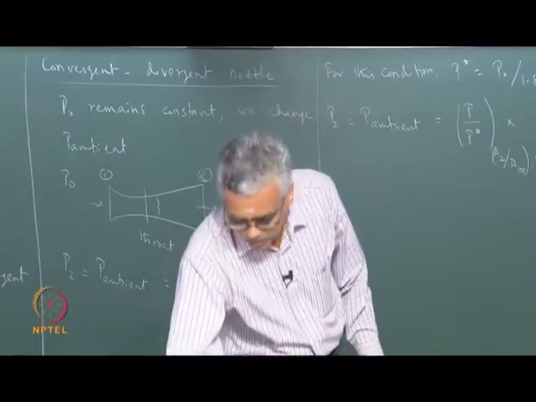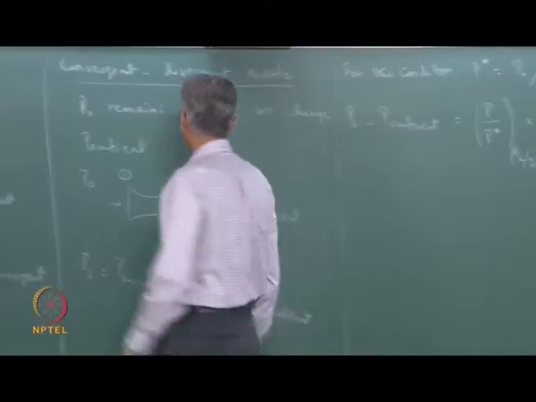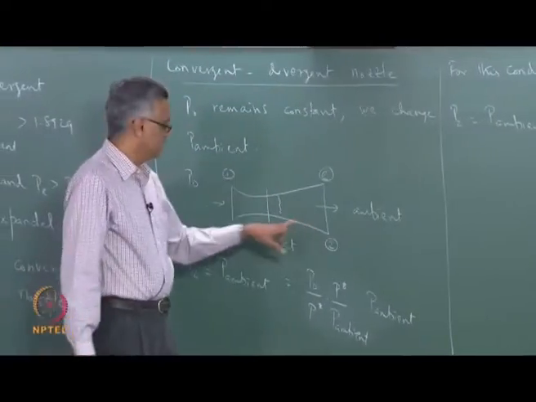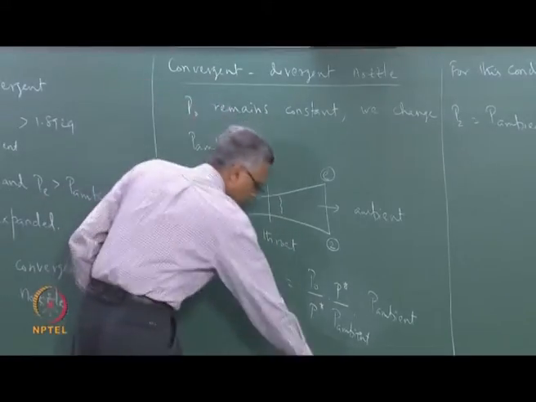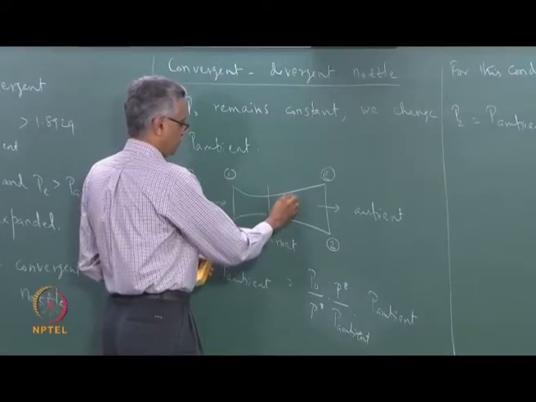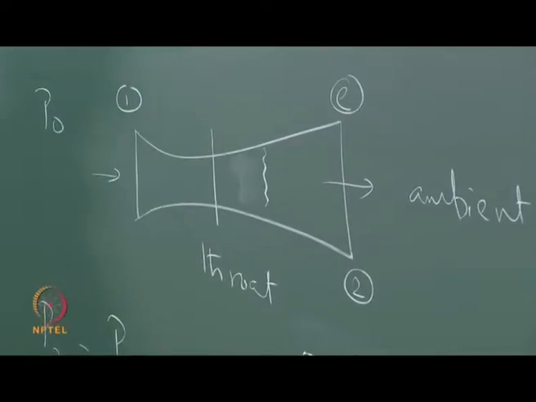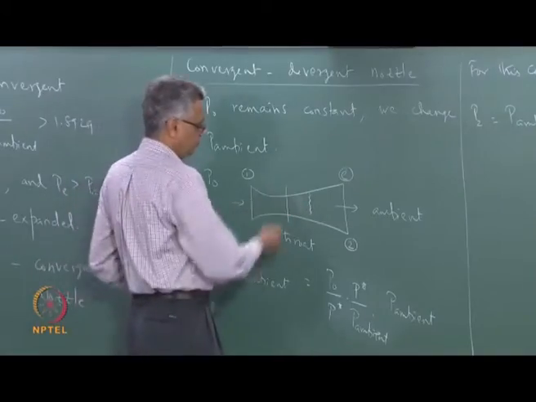If I lower the pressure a little bit more, okay, I keep lowering this ambient pressure. Initially I had a normal shock here. When I lower it a little bit, the normal shock moves from here and positions itself over here. I will show this figure in a minute, but let me just go through this. So it positions itself here.